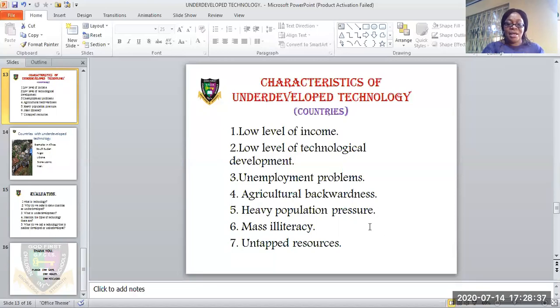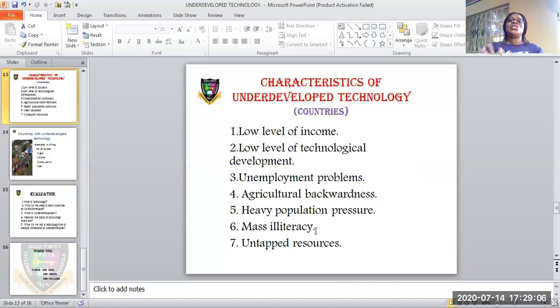Then mass illiteracy. Underdeveloped economies, underdeveloped technology, underdeveloped communities and countries have mass illiteracy, meaning many of them are not literate. That is, they are not schooled. They don't care, probably they don't even know that they should be educated.